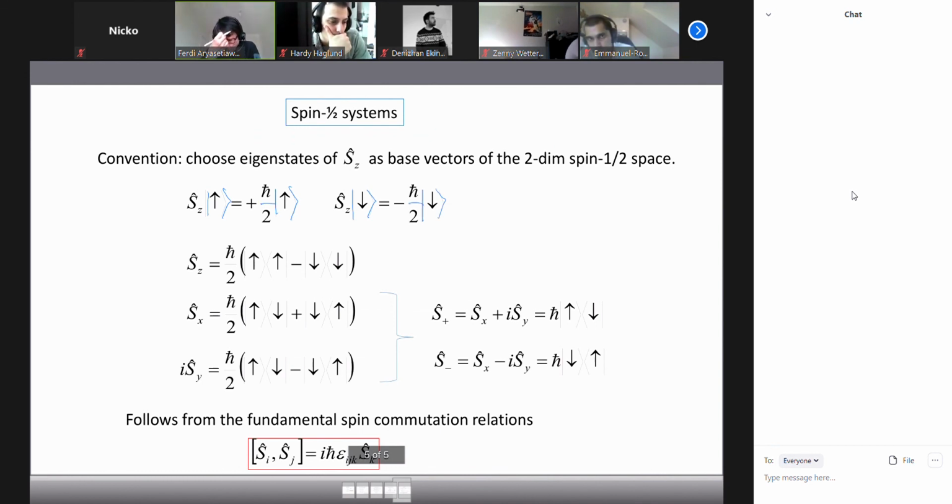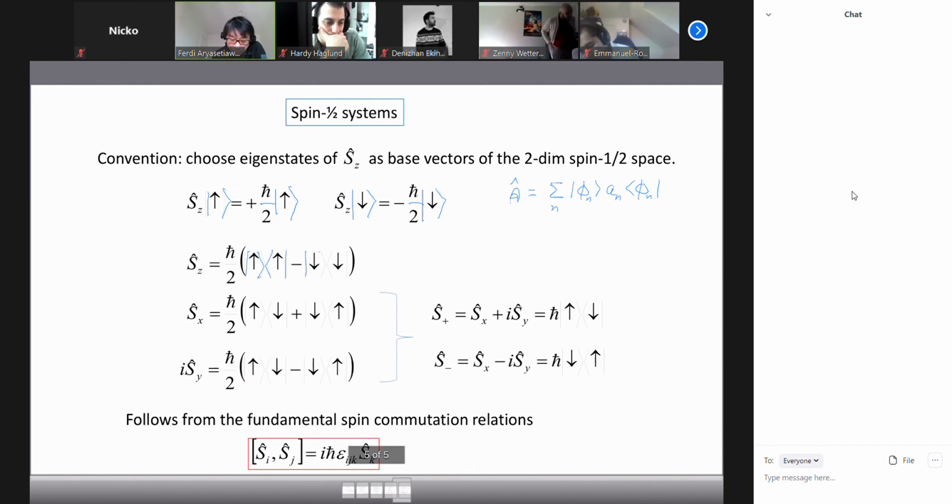So as we recall, we can write operators in terms of eigenvectors. So let's say phi n are eigenvectors of an operator A. Then we can do the same for this Sz operator. So the eigenvalue is just plus and minus h bar upon 2. So we can write in this way.